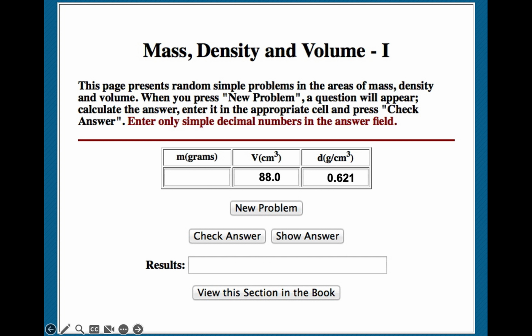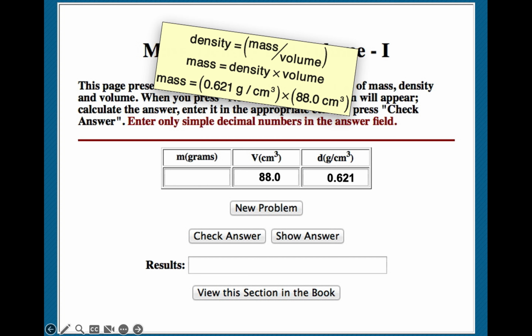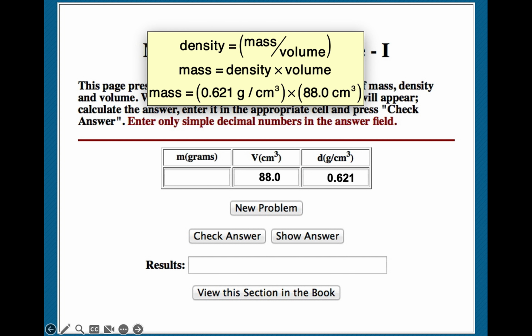We know volume, we know density. Mass is going to be density multiplied by volume. Simply multiply the two together, 54.7, and we are correct. This is density 1, and again, everybody loves it. Blackboard looks just like this.